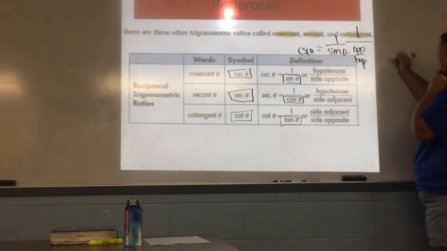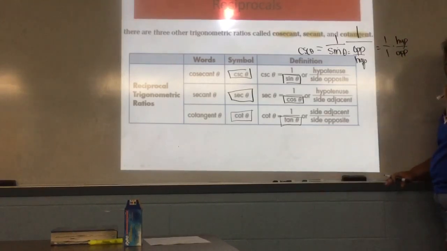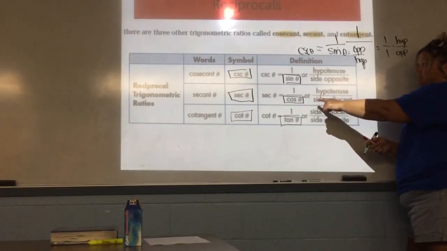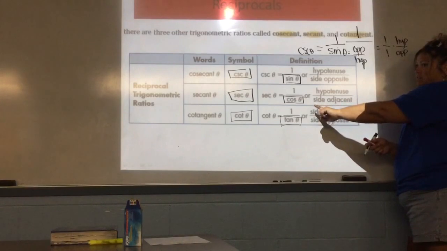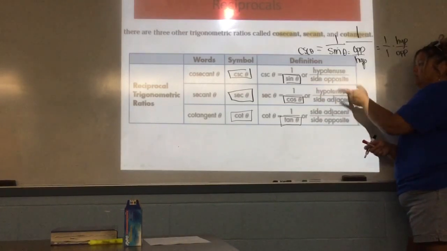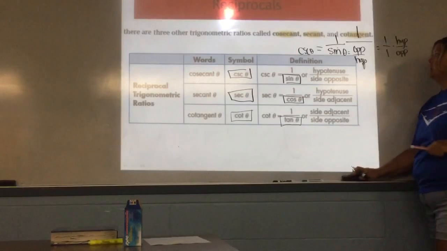Keep, change, flip. That would be 1 over 1 times hypotenuse over opposite, which gives me hypotenuse over opposite. All it does is flip them. So cosine is what over what? Adjacent over hypotenuse. And all we did was flip it, right? And tangent is opposite over adjacent, so all we did was flip it.